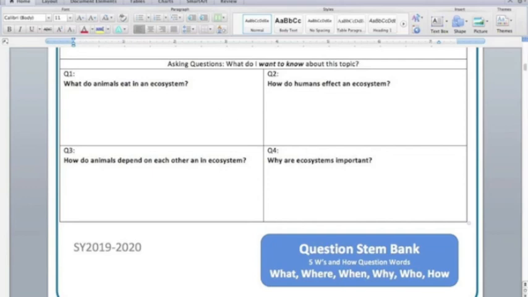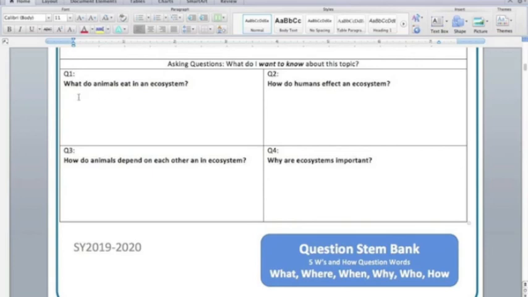So I hope you still retained those questions. If you didn't, you can use mine, but I would much prefer if you're analyzing the text and find out what you want to know rather than what Mr. A wants to know. Here goes my questions, and after we read the text, we're going to circle back at the end, and we're going to answer these questions at the very end of the lesson.